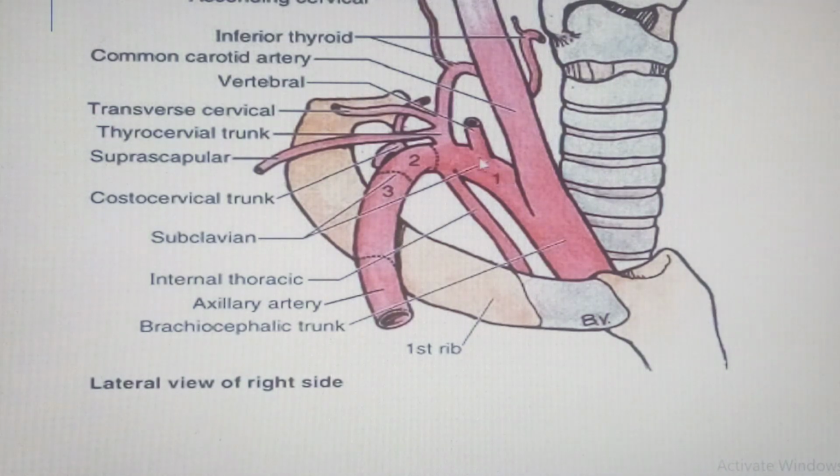So the first part, as we've already seen, will give rise, moving superiorly through the upper 6 transverse foramina, to the vertebral artery, and below that, going downwards into the thoracic region, will be the internal mammary artery or the internal thoracic artery, and then just opposite but superior to the internal mammary artery will be what we call the thyrocervical trunk.